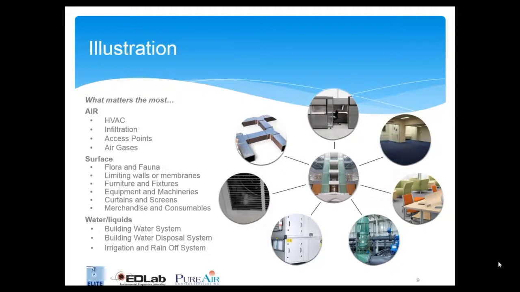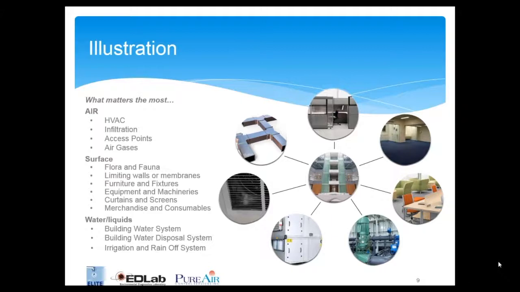Furniture and fixtures also contain a number of gases and other debris that might be of concern for the indoor environment. Equipment and machinery, obviously heat emitting, some of them are directly or indirectly contributing to generating contaminants. Curtains and screens, there is a lot of merchandise and consumables, especially our kitchen is a big consumable stuff. So these are the things.